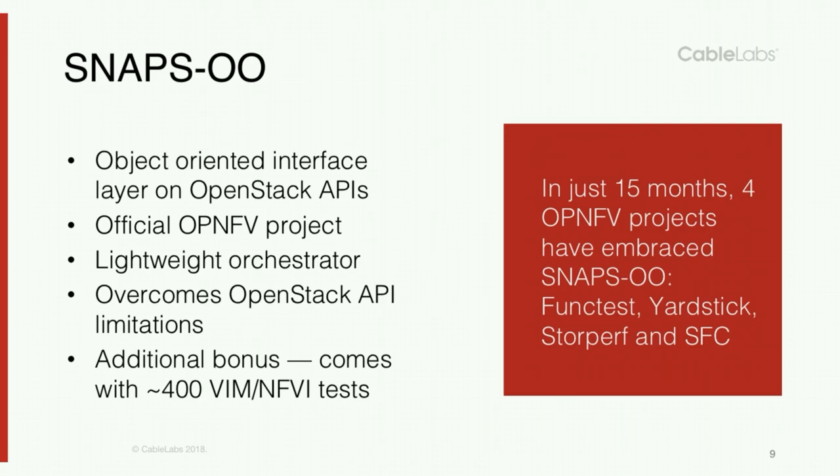So these 4 projects have switched over to using SNAPS-OO instead of calling the OpenStack API directly to really streamline their code and make it a lot more predictable and cleaner.